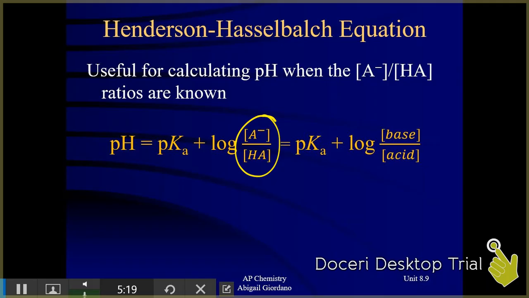So in a buffer system, guys, you're going to have some kind of a weak acid and its conjugate base. Brackets mean molarity.